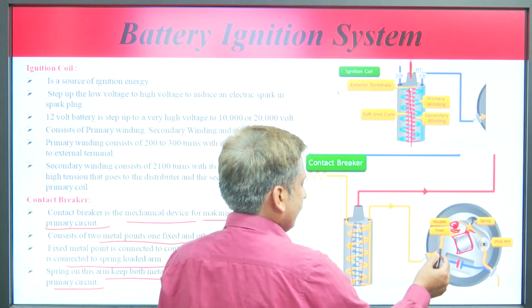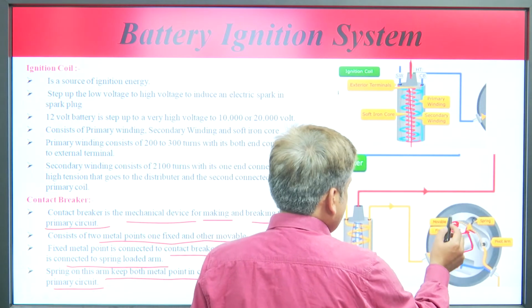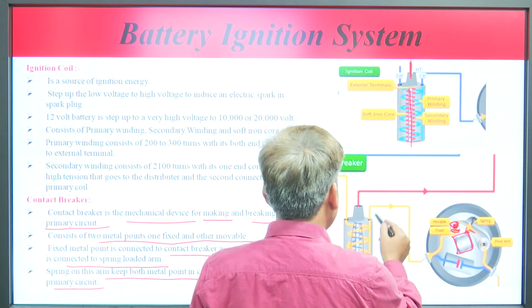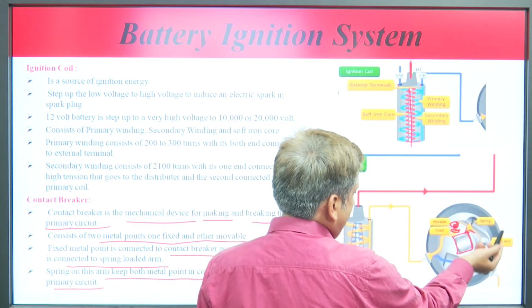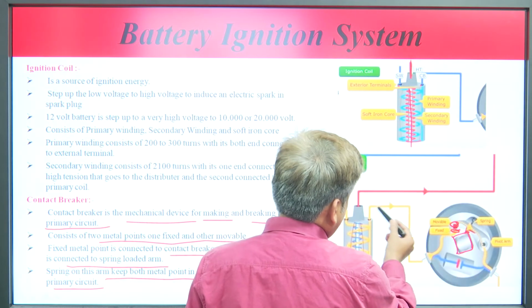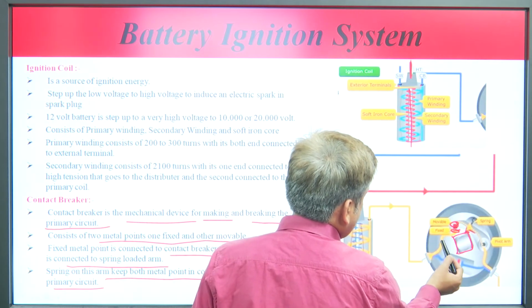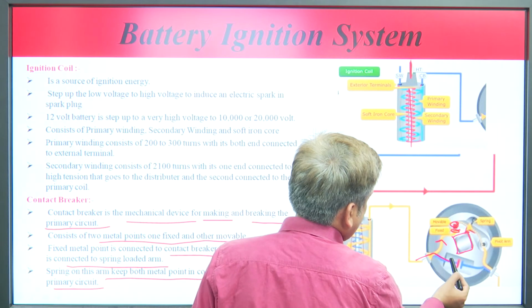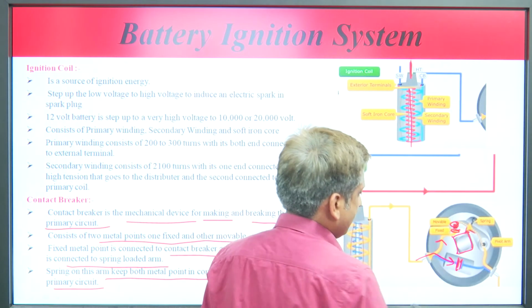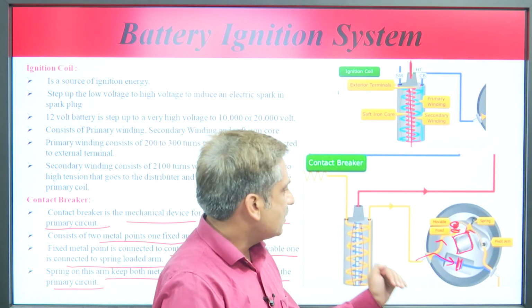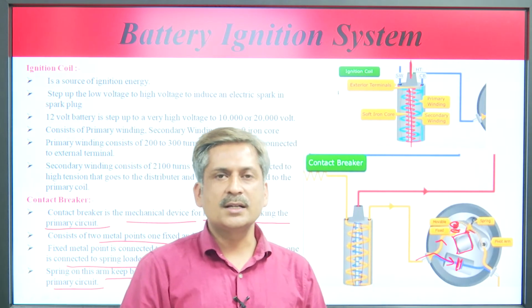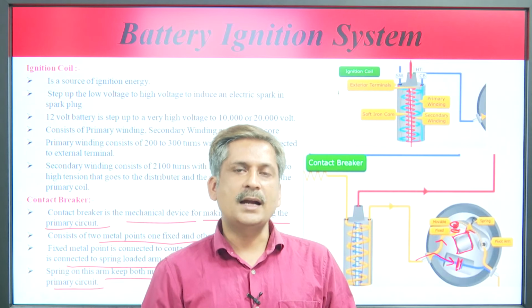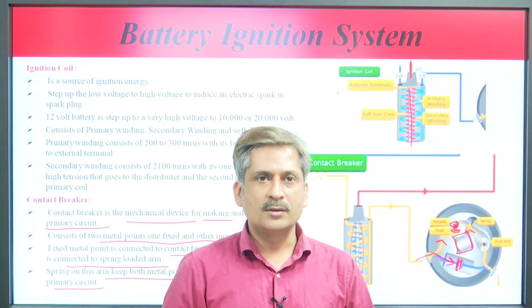If it is in proper closing condition, it connects the primary circuit, and if it is opened, then the current will not go in this direction, it will go in this direction, and this is called the condenser, and it will start charging, because what is the function of the condenser? It charges and discharges at a particular time.